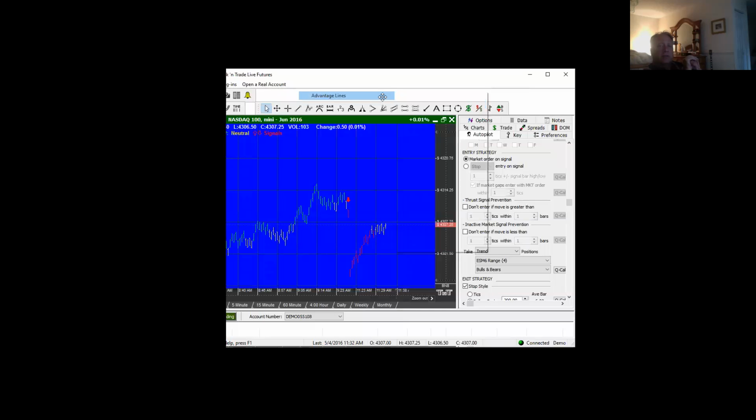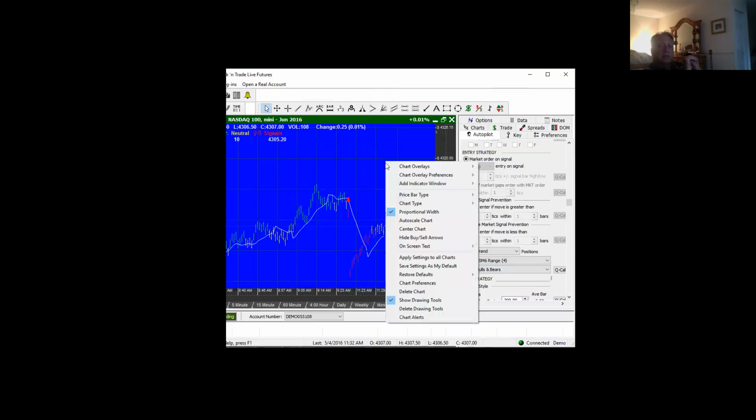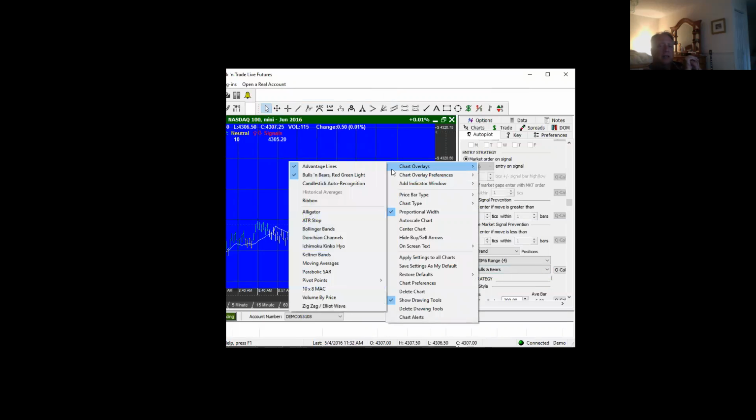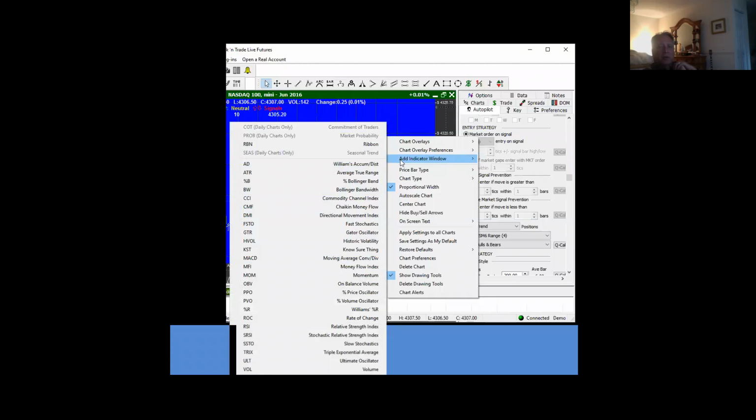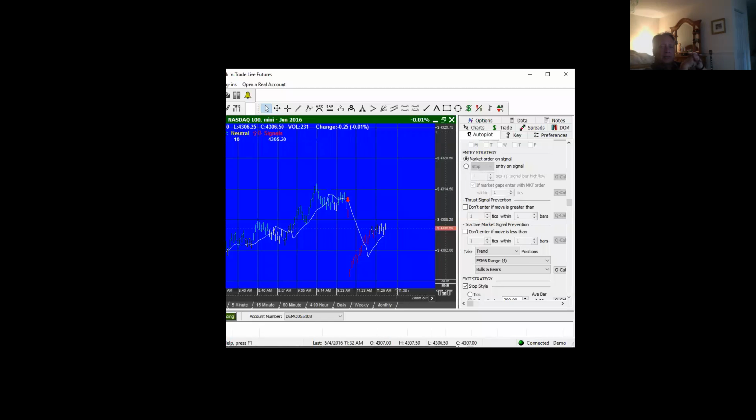Throw that on for a second. Okay, and then right click again over the blue screen. And then go to chart overlay or the add indicator, the third one, that one, yeah. See a bunch more. So you could go down to SSTO, the slow stochastics is a pretty popular one, or MACD. Click one of those just so you can see it.